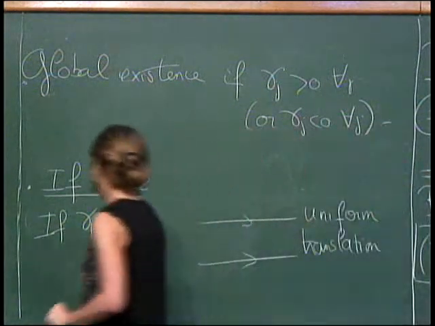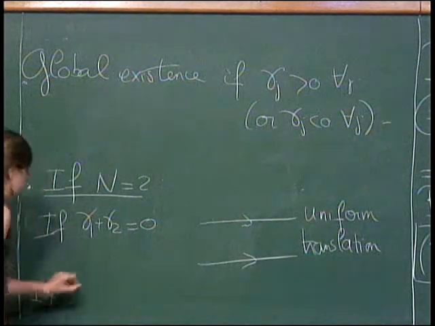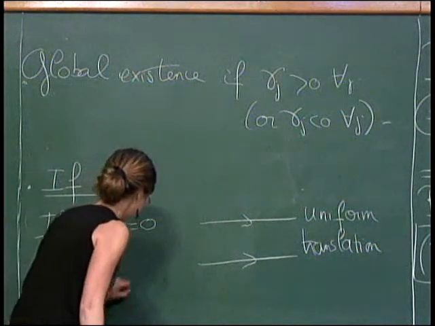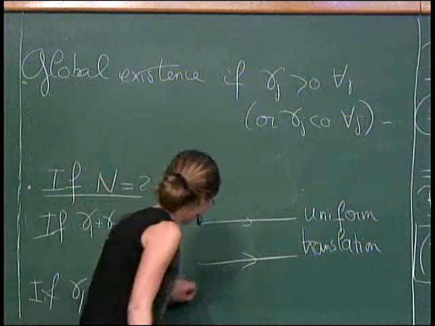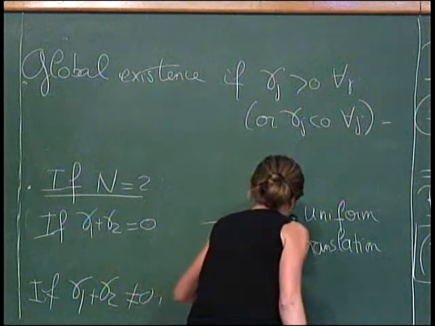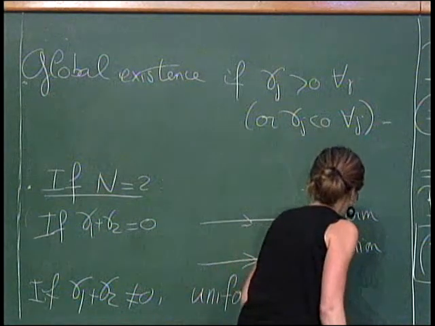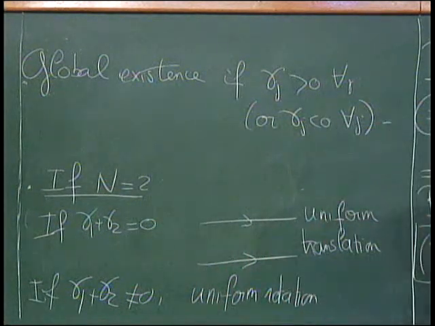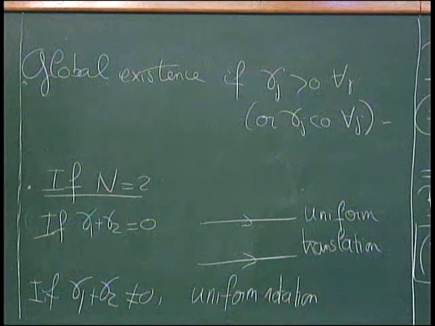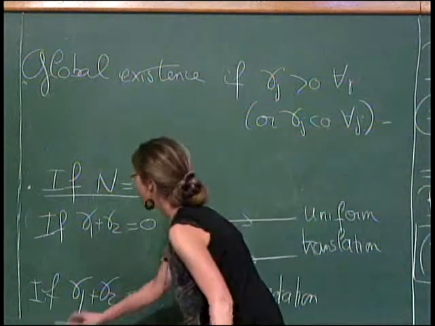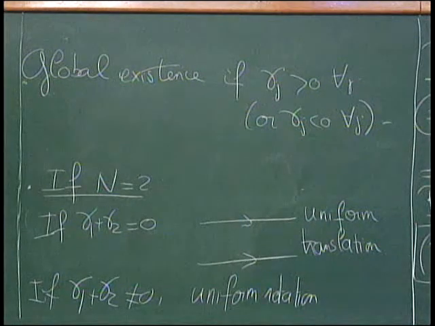And if the sum is non-zero, we have uniform rotation around the center of vorticity, which is defined to be C divided by gamma 1 plus gamma 2. So we have rotation or translation. But anyway, the distance between the point vortices is constant. So in the case of n equals 2, there are no collisions.